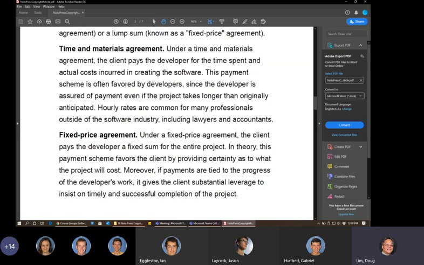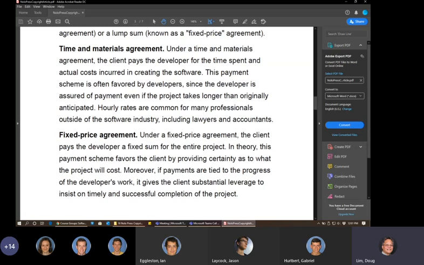But there are some advantages to the client, because here is a situation where the project can still complete or still go forward with full engagement of the developer, because you can imagine in a fixed price contract that the engagement of your provider would be somewhat limited if they know they're not being paid.